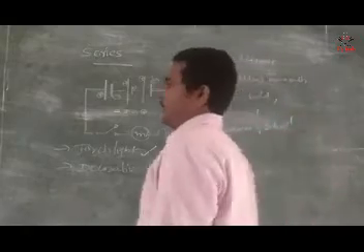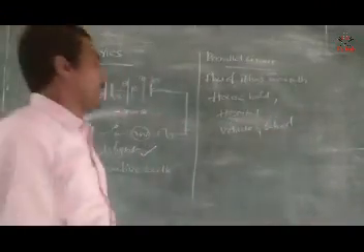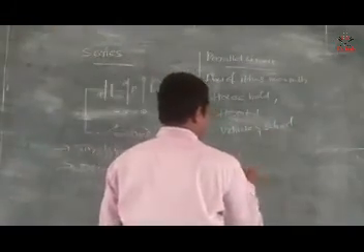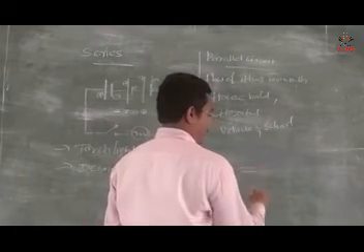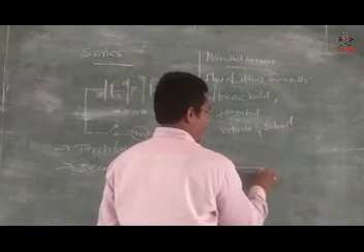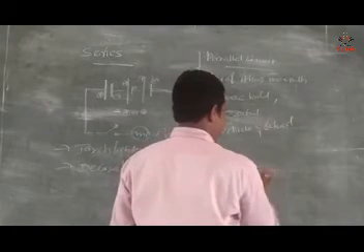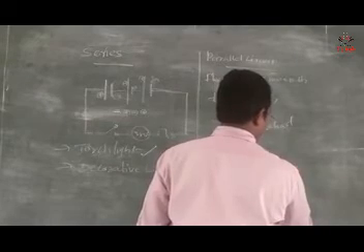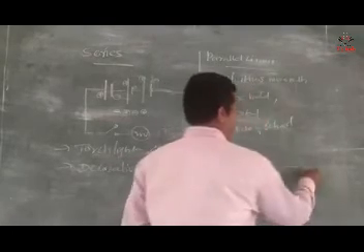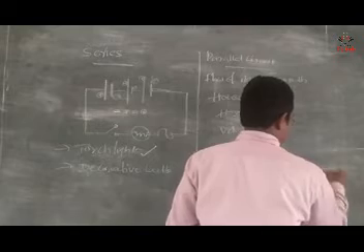See here, the circuit. In the battery, there is a long terminal and a short terminal. Next, long terminal, short terminal, long terminal, short terminal.